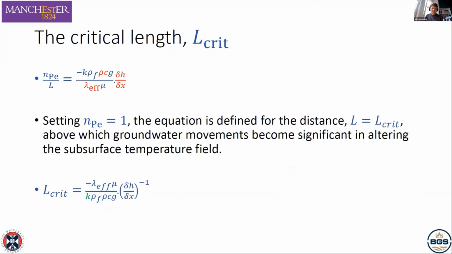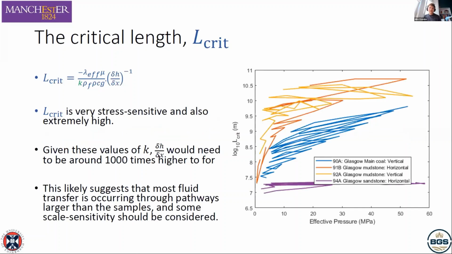These numbers I can put in from those XRD mineralogies, I've got a very approximate hydraulic head gradient from the field, and these are just numbers for water, and then my stress-sensitive permeability is down here. If you substitute them in, you can get what distance scale the advective heat transport will start to become important on for various different pressures in the different rocks.